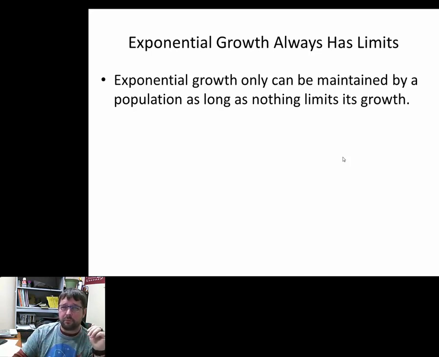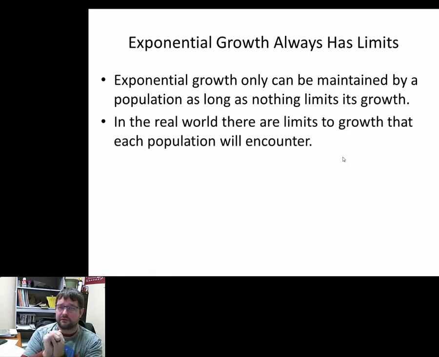So really no population in the wild ever has exponential growth for very long. They might experience it initially, like a cockroach makes it into a house that's abandoned and there's food, that might give you exponential growth at first, but eventually the food's gone, and that population is going to crash.